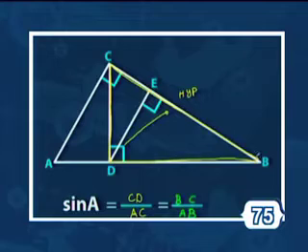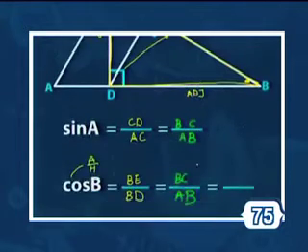We're still interested in cos of angle B. And in triangle BCD, the side opposite angle B is CD, and the side adjacent to angle B is side BD. So therefore, cos of angle B would be the adjacent side, which is BD, over the hypotenuse, which is BC.